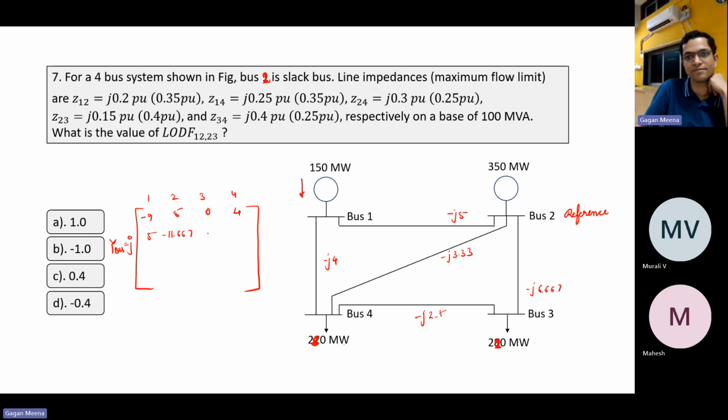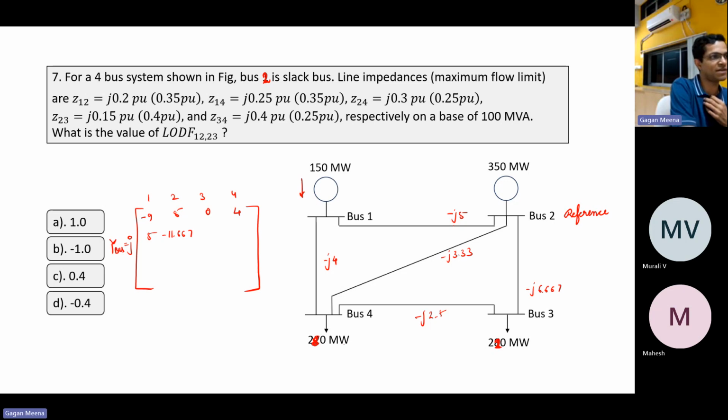Then 2 3, oh, did I make a mistake? Is Y22 correct? Yes, it is not correct.